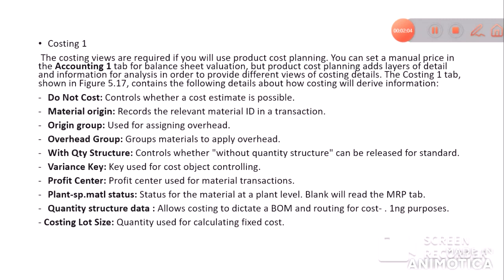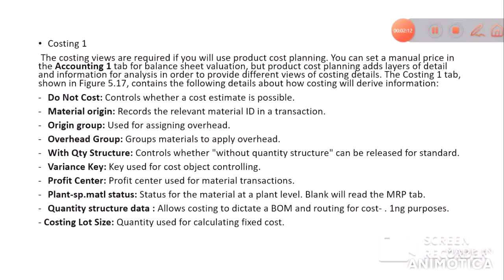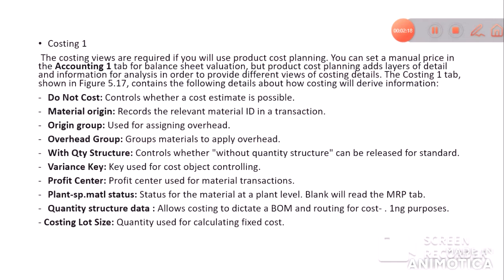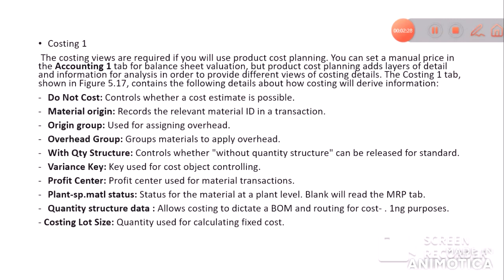Do not cost controls whether a cost estimate is possible. Material origin records the relevant material ID in a transaction. Origin group is used for assigning overhead. Overhead group groups materials to apply overhead. With quantity structure controls whether a material without quantity structure can be released for standard.